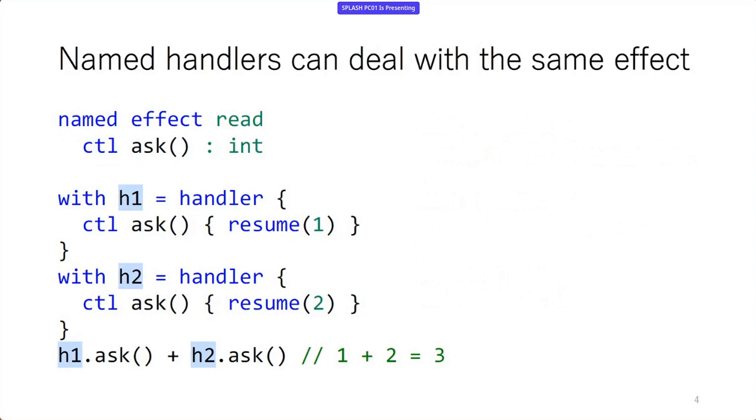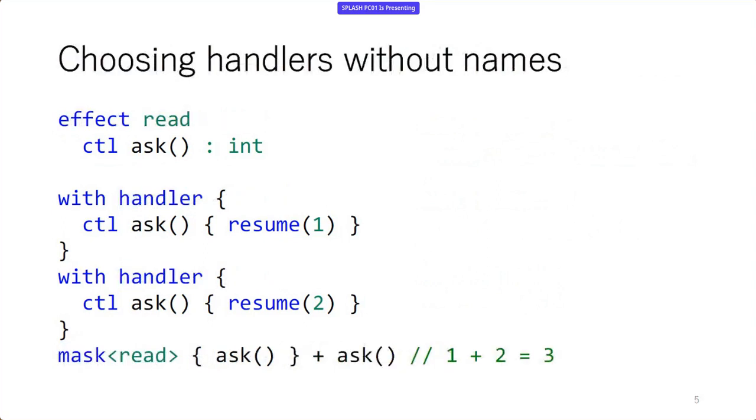So by doing this, we can handle the first ask with the outer handler and the second ask with the inner handler. And such selection of handlers would be difficult to express if we use regular unnamed handlers.